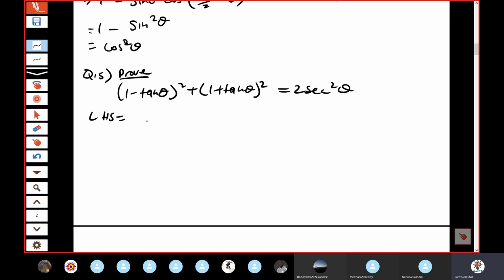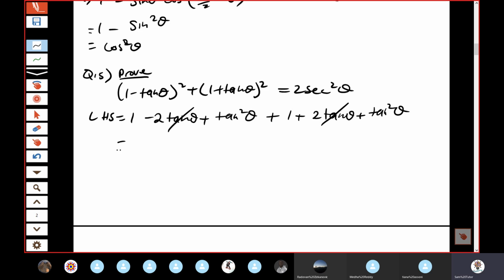Okay, let me see. One minus 2 tan theta plus tan squared, plus one plus 2 tan plus tan squared. 2 tan gone. One plus one is 2, plus 2 tan squared. Now, if you have memorized your relationship between sec and tan, that would have been great because you're only one line away. If you haven't memorized, not to fear, let's do it the longer way.